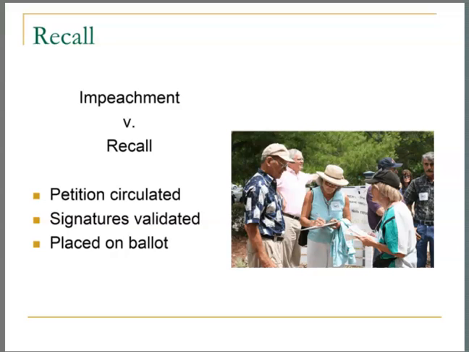So a recall is initiated by a petition similar to a ballot proposition, and registered voters need to sign that petition saying that this public person needs to be eliminated. Once those signatures are verified, it then goes on the ballot, and the voters can vote to recall that official.